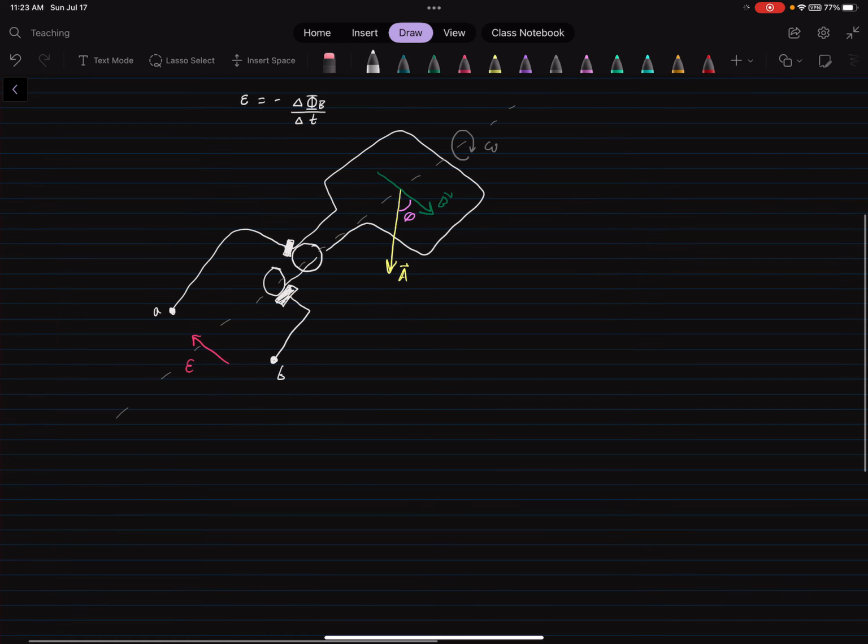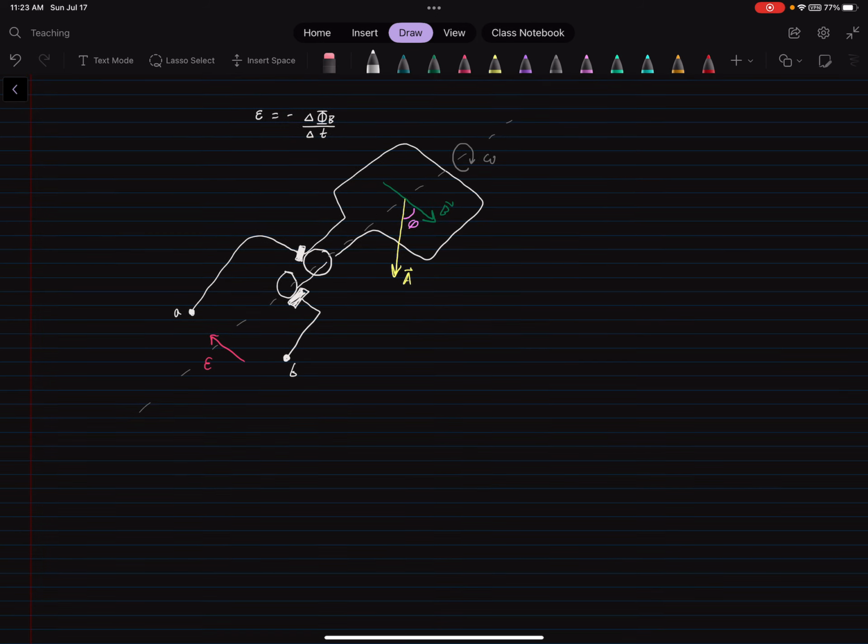And so we want to come up with a relationship between B and A and the angle phi to describe the flux, and we need the angular velocity involved as well.